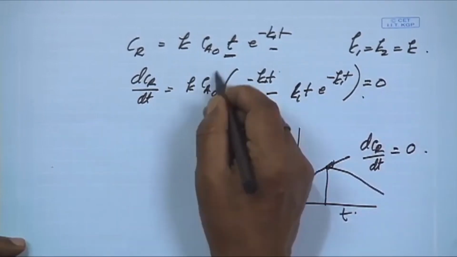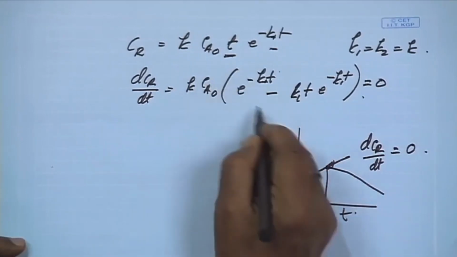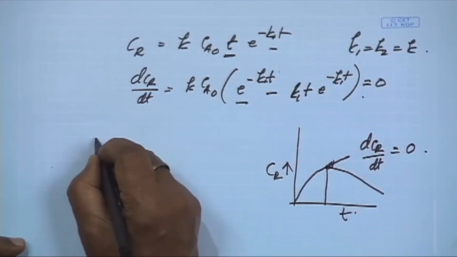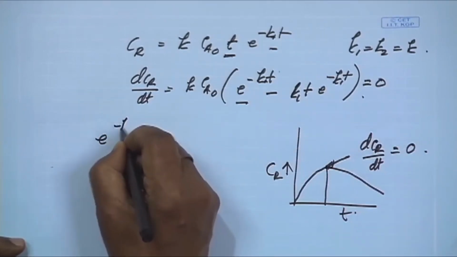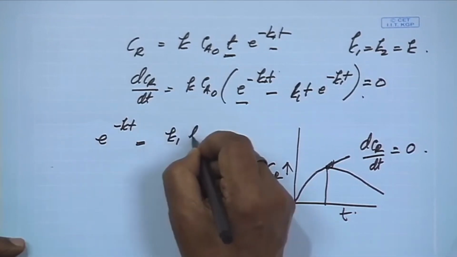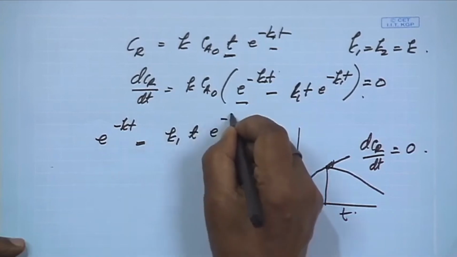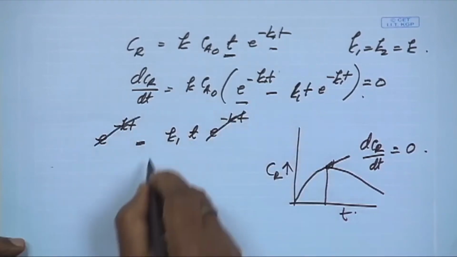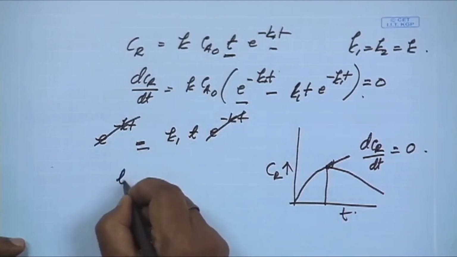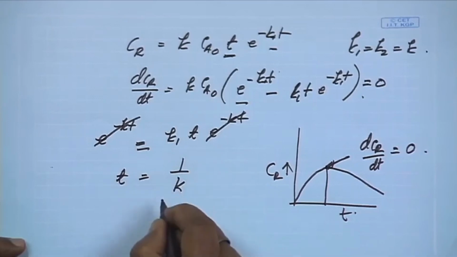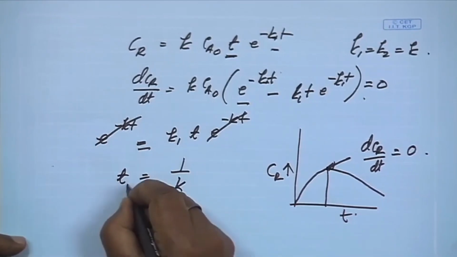Now this cannot be 0, so I can assume this is equal to 0. So I can write e to the power minus Kt equal to K1 into t e to the power minus Kt. Am I right? This will cancel. So I can write t equal to 1 by K. This is the t max value.